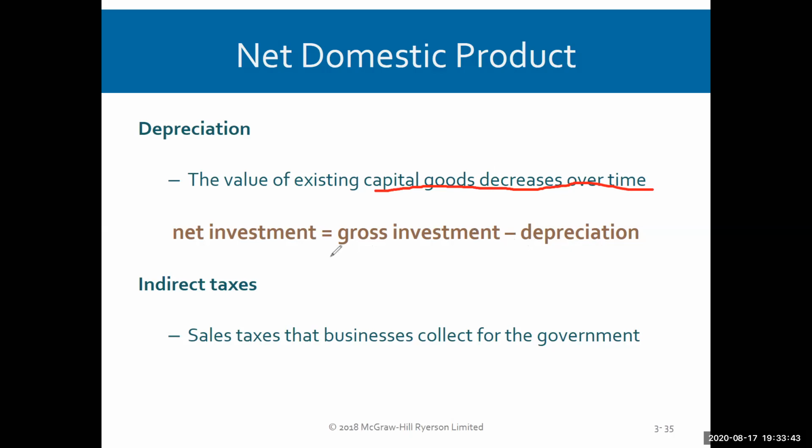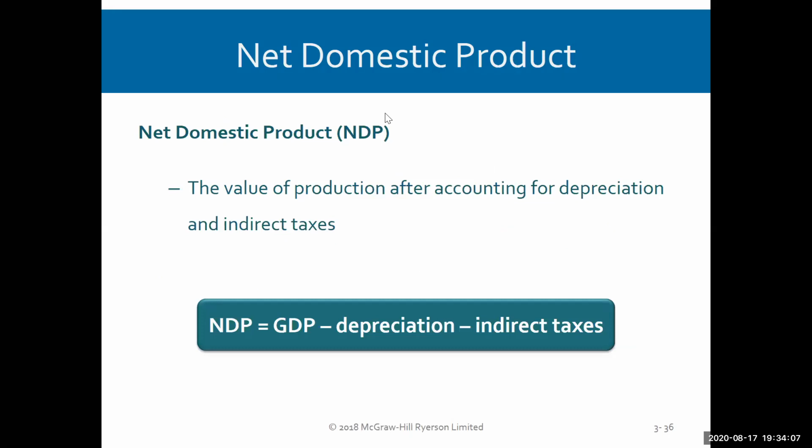As well, indirect taxes are sales taxes that businesses collect for the government, and they don't really represent any kind of productive activity, so we want to take that out of the value as well. If we take gross domestic product and subtract the depreciation and indirect taxes, we end up with something called net domestic product. Here's that formula, where we account for depreciation and indirect taxes.